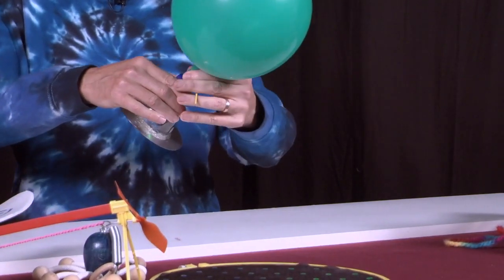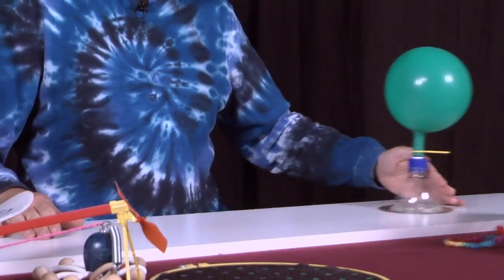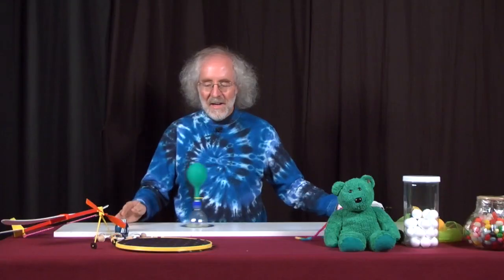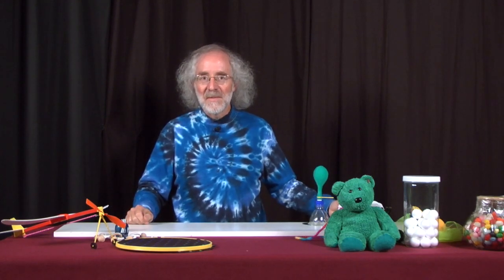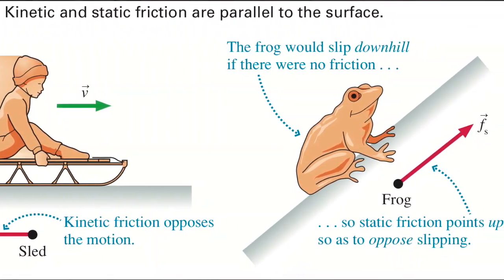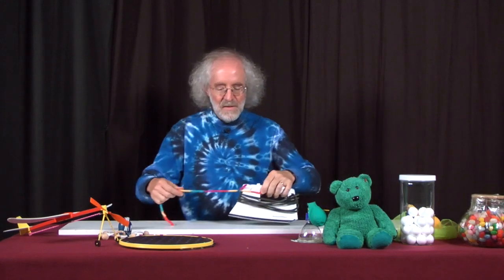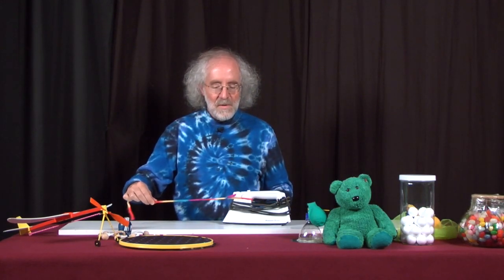I can get rid of the friction force by doing this. If I pop the cork on this and let air come out, now I have much less friction, and so then the puck will continue to slide until I lose the air, and then it quickly comes to rest. So friction is another force we want to consider. And there's two different kinds of friction force we want to look at. There's one that's called the static friction force, and that works when I have two objects which aren't sliding with respect to each other.